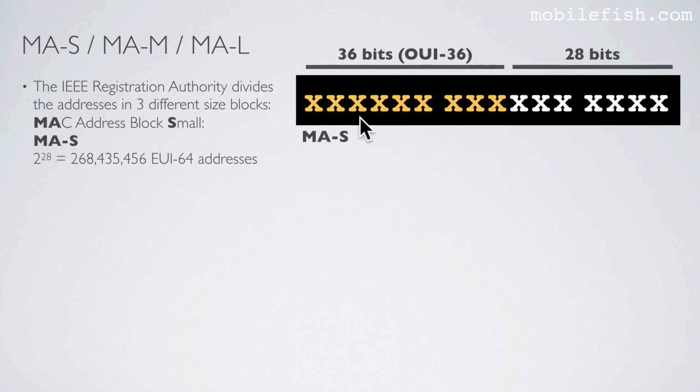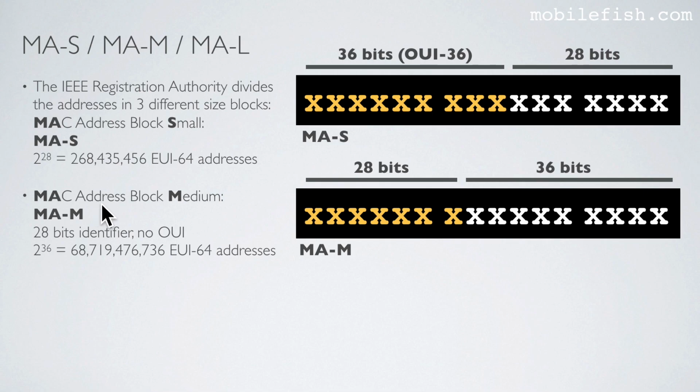If a company is assigned this OUI-36, the company can assign an additional 28 bits to create an EUI-64 address. This means a company can generate approximately 268 million EUI-64 addresses. This is the second address block size, called MAC address block medium, abbreviated MA-M. The company is assigned 28 bits.